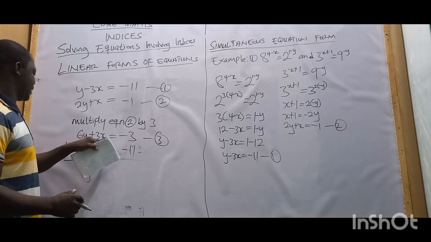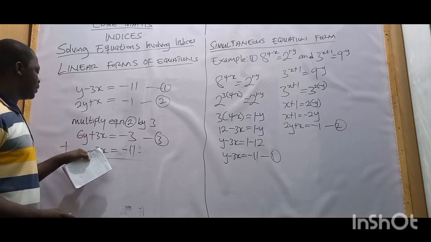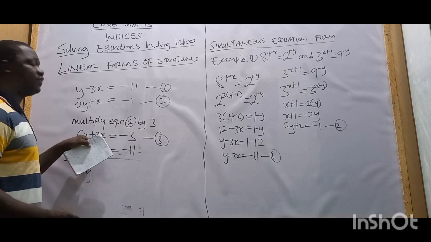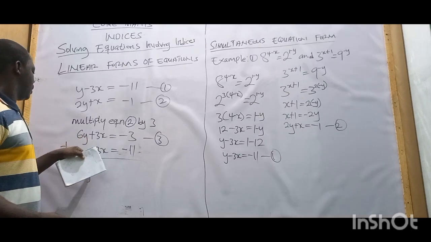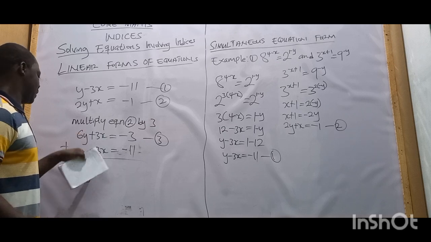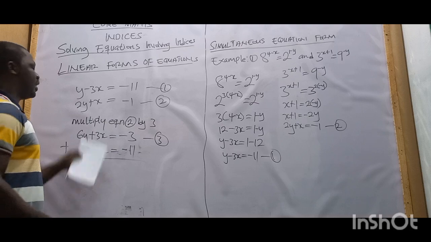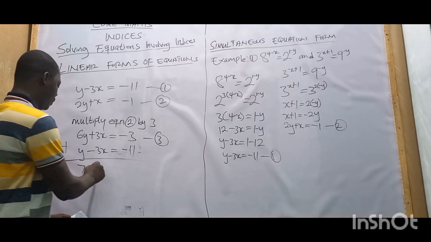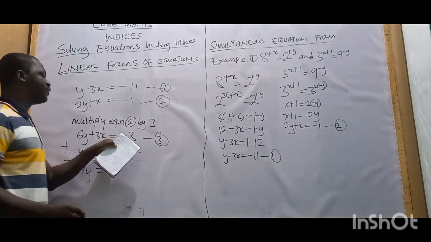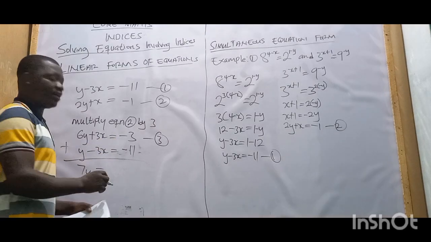Negative 3x plus positive 3x, or positive 3x minus 3x, I'll get 0. So it means I've eliminated what? The x variable. Then I'll equal to negative 3 plus negative 11 to give me negative what? 14.